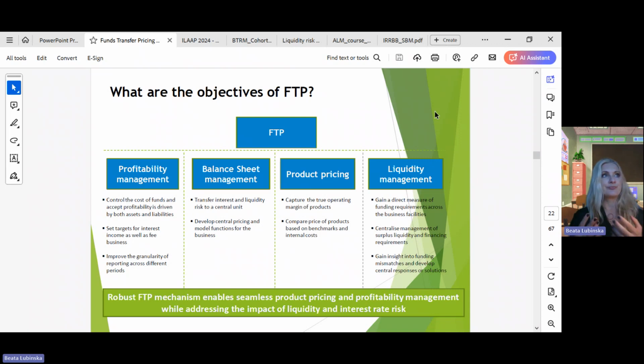So we need to transfer those risks as much as possible. Not all risks are transferable to the central unit, and we will talk about this later. But the majority of risk can be transferred to the central unit through the FTP process. And this is exactly the second objective of the FTP.